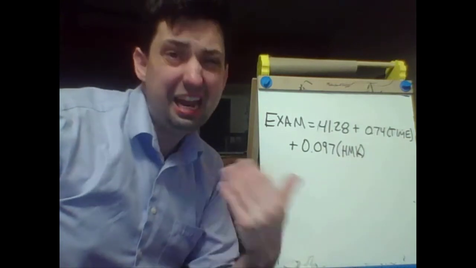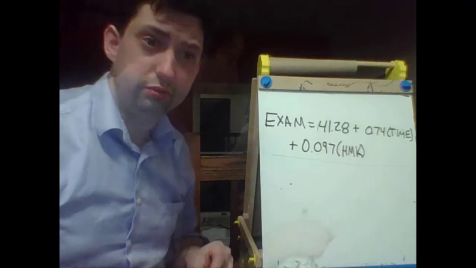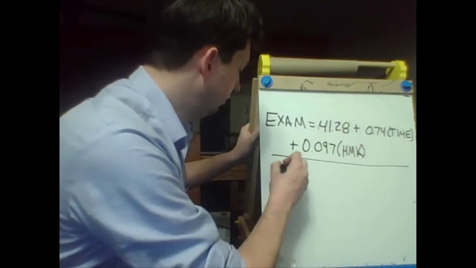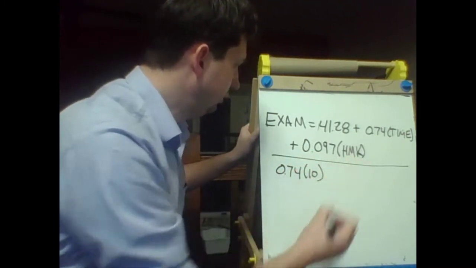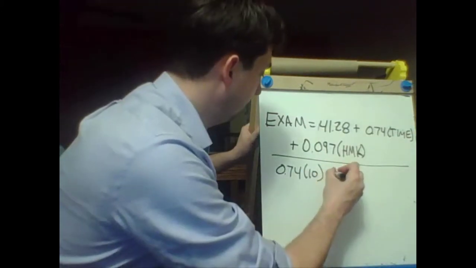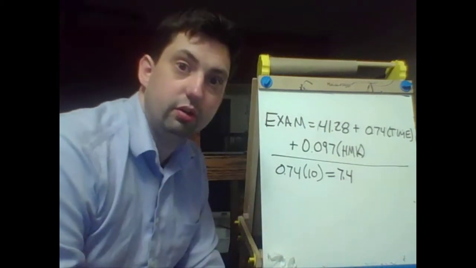If you take an additional 10 minutes, how much would you expect your exam to increase? Well, to find that out, we would take 0.74 times 10, because that's our change in time, an additional 10 minutes, and that would equal 7.4 points.